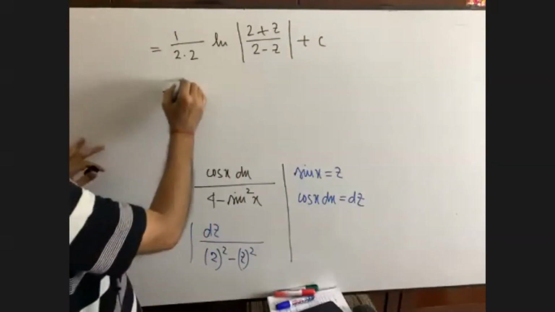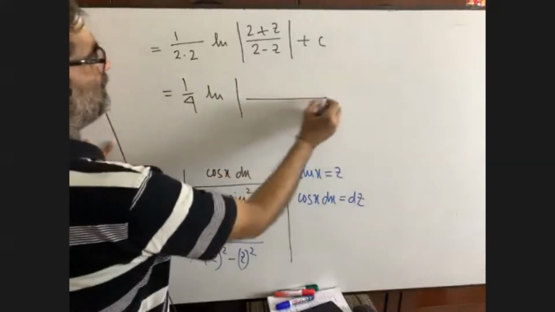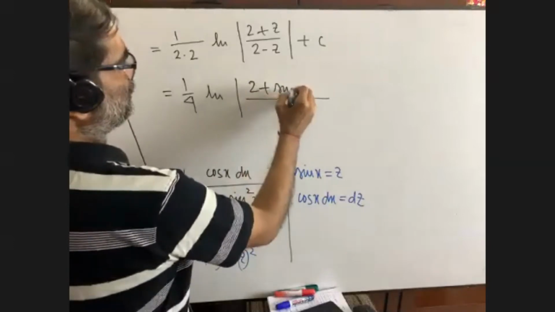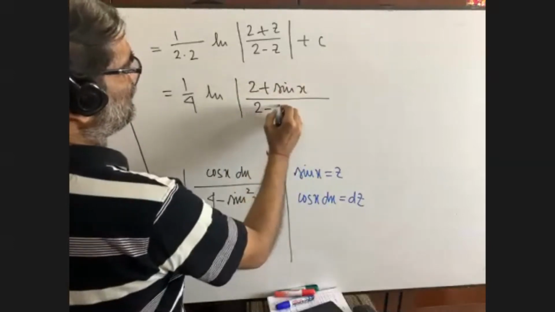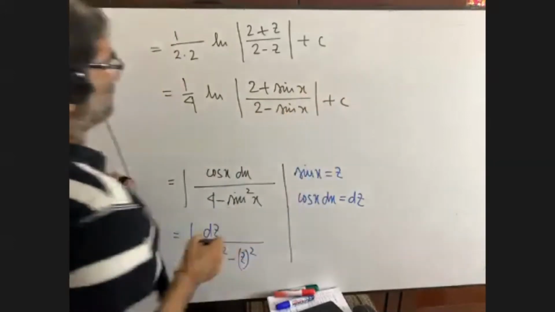That means 1 by 4 ln, what is the value of z? Z is sin x. So 2 plus sin x by 2 minus sin x plus c. And we have got our answer.